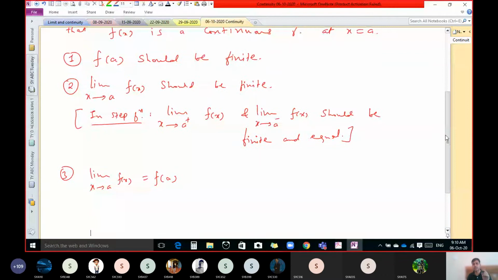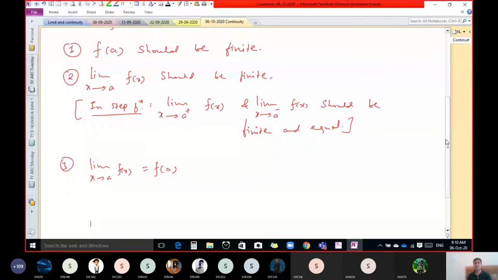Once again, if these three conditions are satisfied, then the function is continuous. Which three conditions? First, f of a should be finite. Second, the limit as x tends to a of f of x should be finite. And third, the values of that and f of a should be equal.